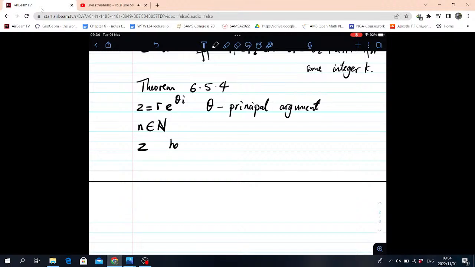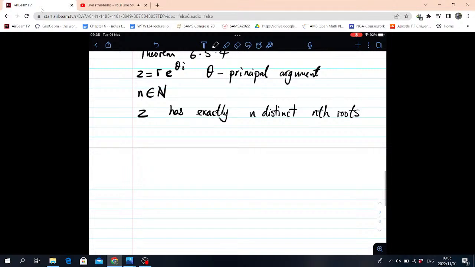z has exactly n distinct nth roots, which are given by the formula w_k, which is the nth root of r, e to the (theta plus 2 pi k) over n i, where k ranges from 0 up to n minus 1.